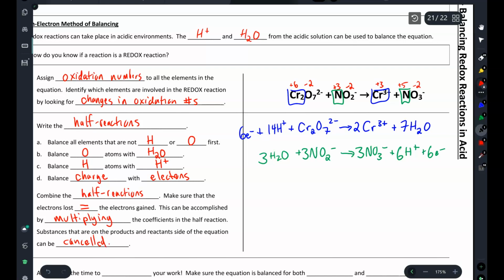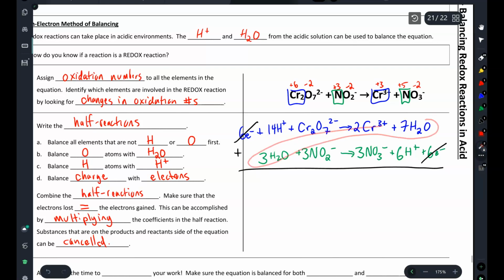All right, so let's give this a shot. Let's add them up. So the first thing we should do is get rid of our electrons. 6 on the products and 6 on the reactant side, those cancel. If we take a look, we can also simplify water. I've got 3 on the reactant side. I have 7 on the product side.